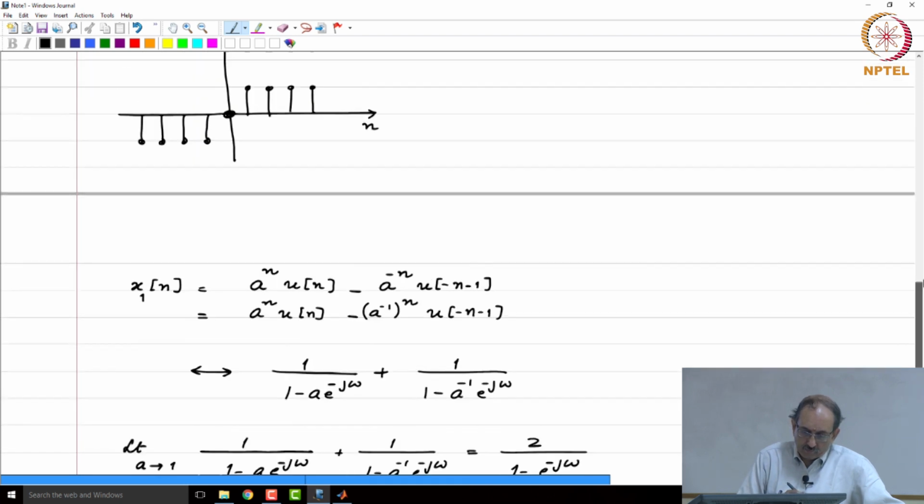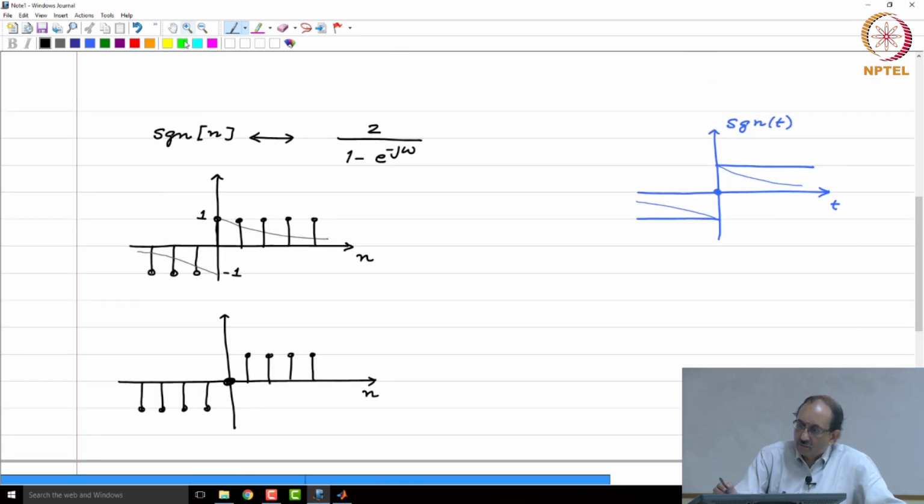And if you recall SGN of t, its transform is the continuous time Fourier transform of the sign function as shown here.